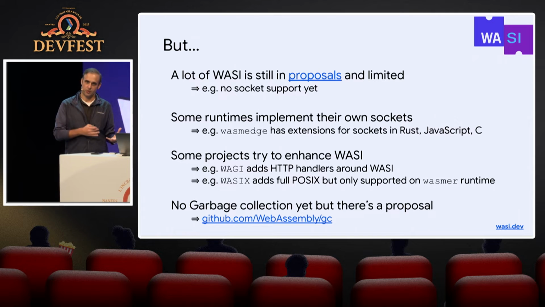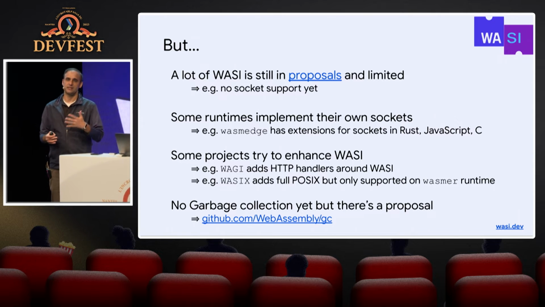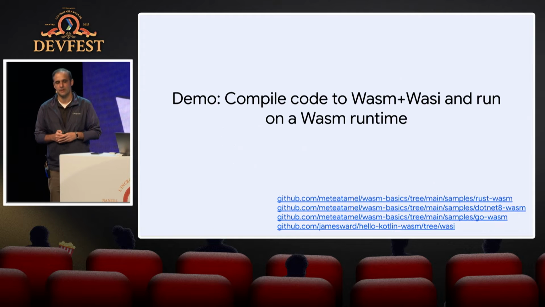And because of this, you can't easily support languages like Java or Kotlin, because you need garbage collection. But there's a proposal to implement that, so hopefully it will happen, and we'll be able to have these languages running easier on Wasm. So you see, WASI is a good step in getting WebAssembly outside the browser, but it's still very early on, and a lot of things are still missing and changing all the time.